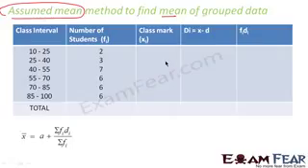It should not be the exact mean, you just assume it. Then from xi, you subtract that value, and you get di's. And instead of fi xi, you now find fi di. The formula is a plus summation fi di by summation fi. I'll show you how it is simpler.